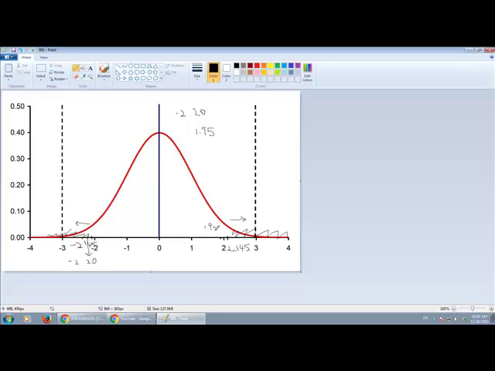Is it in the critical region? Probably not, because the critical region is beyond this critical value, right here. Because it's not in the critical region, we fail to reject the null hypothesis. That means the difference between these two group means is not significant. It's not a significant finding.